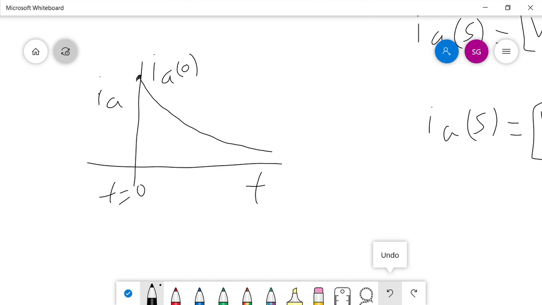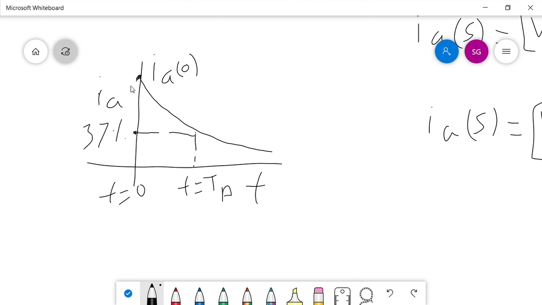So at t equal to TA, the time constant, the current remaining in the circuit is just 37% of the initial value, that is Ia0.